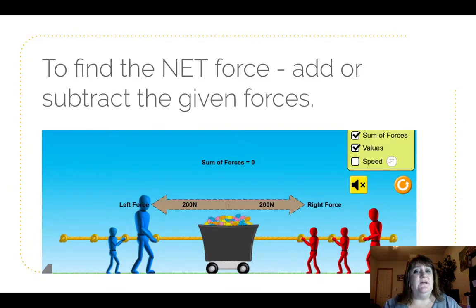Now in this one, notice that again, you add if they're going the same direction, you subtract if they're going different directions. And this time they're actually equal. Even though they're different sizes of people, they're still equal on both sides. Both sides are pulling with 200 newtons. Therefore, the sum of forces is 0.